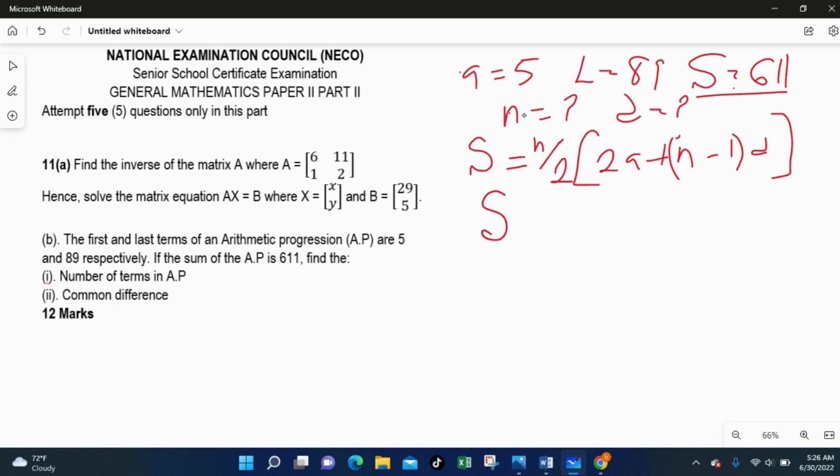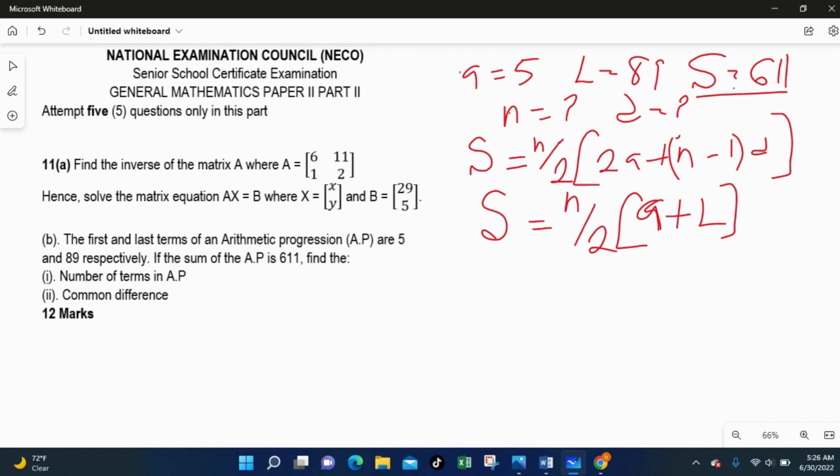Or the sum of an arithmetic progression can also be n over 2 times the bracket first term plus the last term. Any of these two formulas can be used to solve this question.